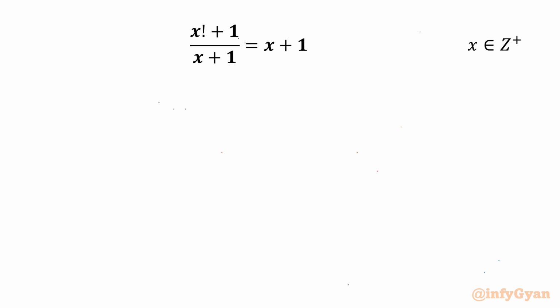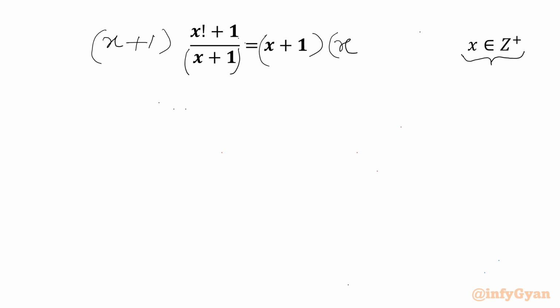In this video, we have one very interesting factorial equation: (x factorial plus 1) over (x plus 1) equals x plus 1, where x is a positive integer. So let's get started. As we can see, x cannot be equal to negative 1. So we can multiply both sides by x plus 1.